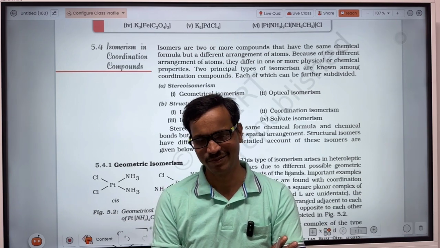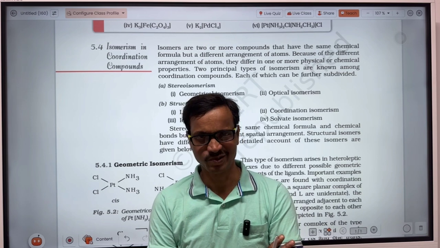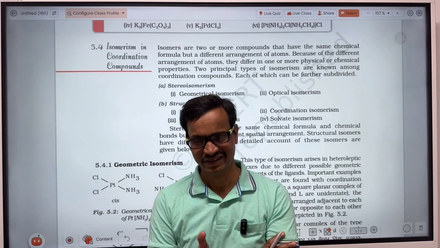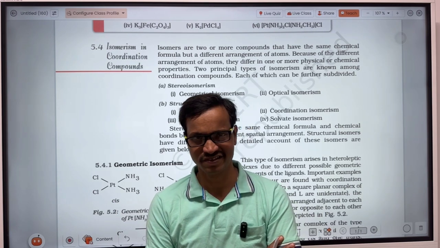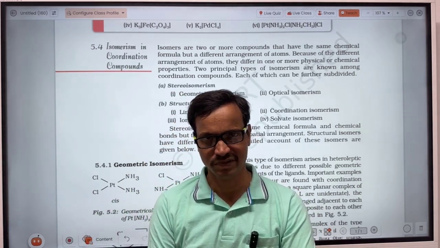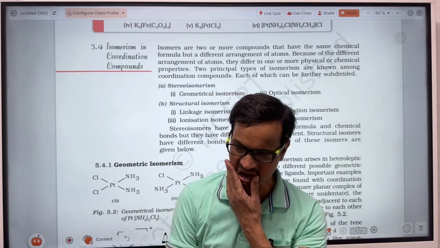In addition to that, we have already discussed the terminology in coordination compounds as well as the introduction to coordination compounds. So now we will discuss the isomerism of coordination compounds.